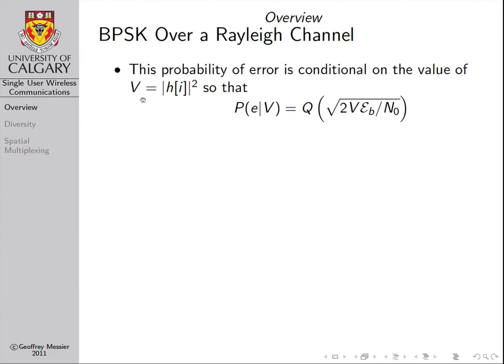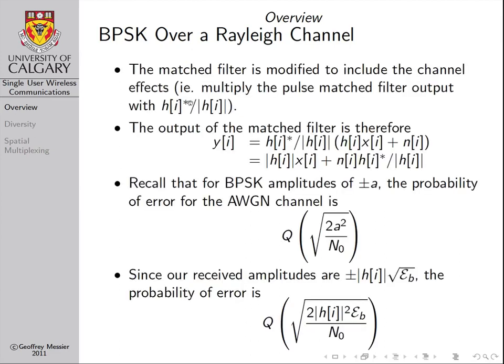I'm going to use the random variable v to represent the magnitude squared of the fading channel. If we go to the previous slide, we can see that the probability of error is a function of the magnitude squared of the Rayleigh fading channel.